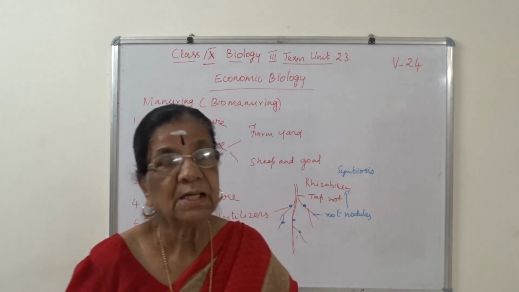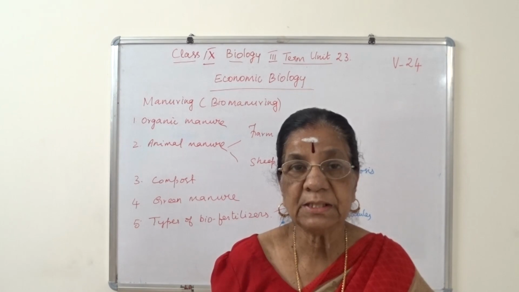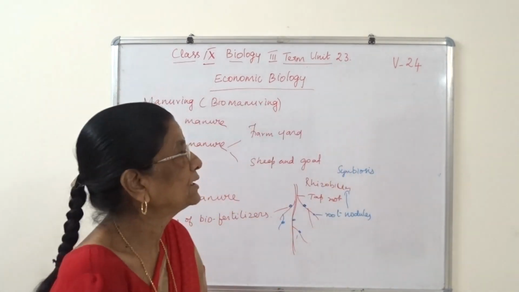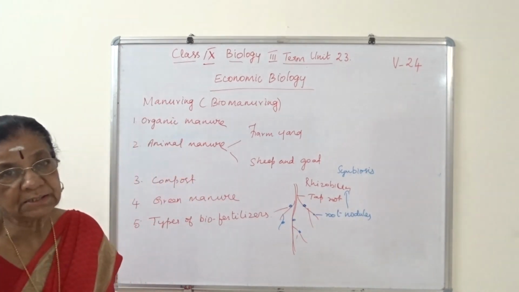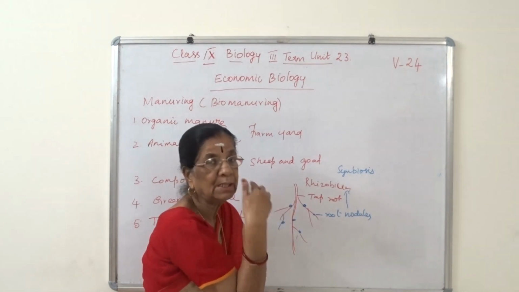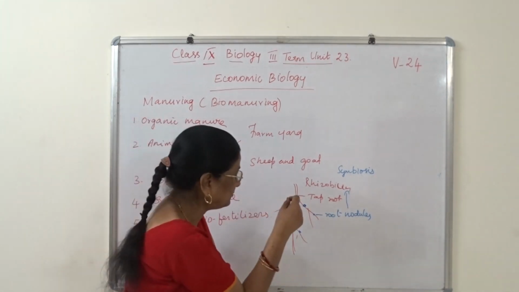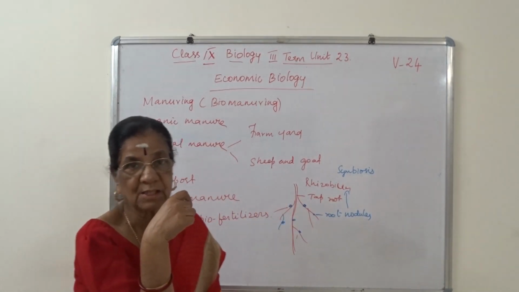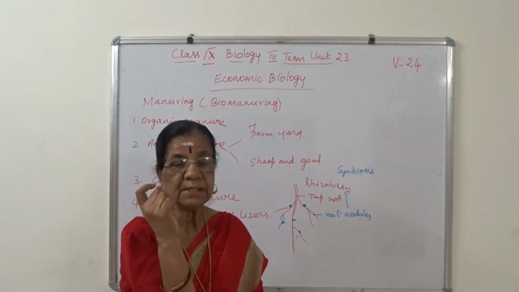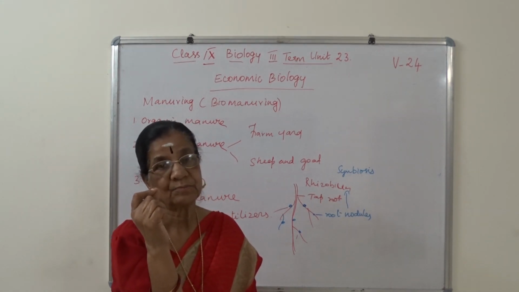What is symbiosis? When there is a mutual relationship between two partners, it is called symbiosis. In what way are they related? The taproot of a bean plant gives shelter for the Rhizobium bacteria. In turn, this Rhizobium fixes nitrogen from the atmosphere, so it is called a nitrogen fixing bacterium.